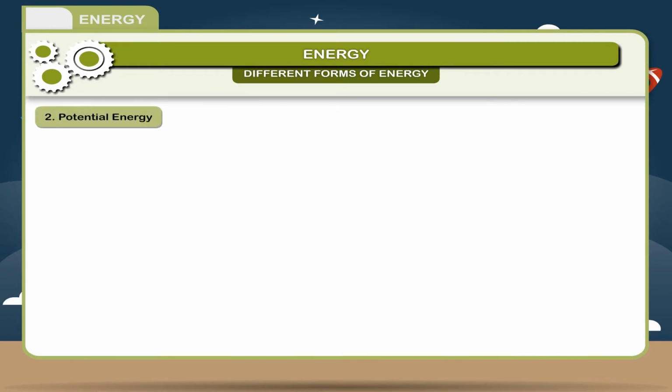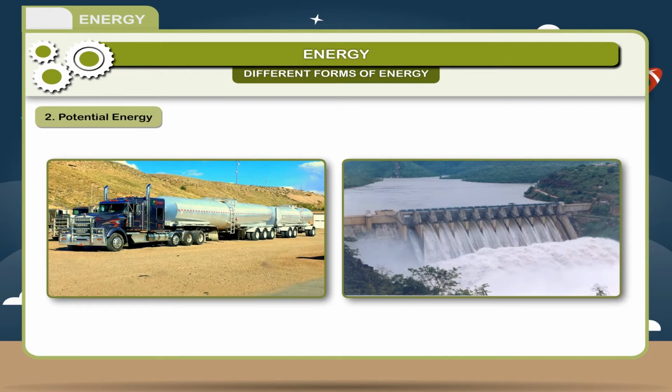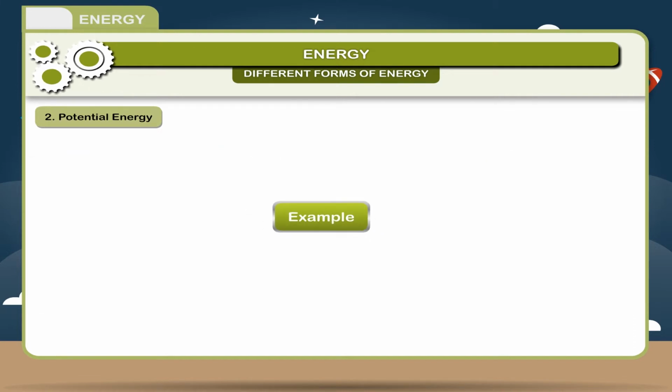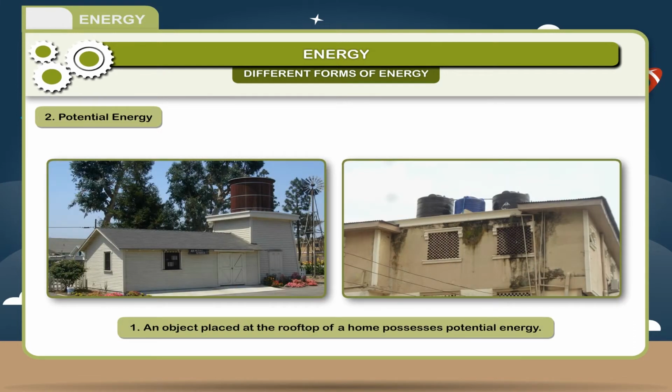2. Potential energy. The energy possessed by a body due to its position is called its potential energy. The energy stored in a body is also called its potential energy. Examples: 1. An object placed at the rooftop of a home possesses potential energy. 2.